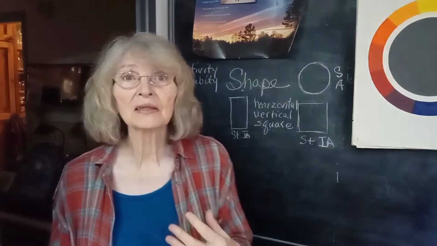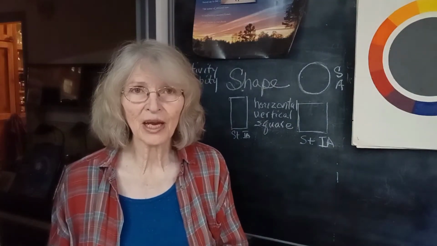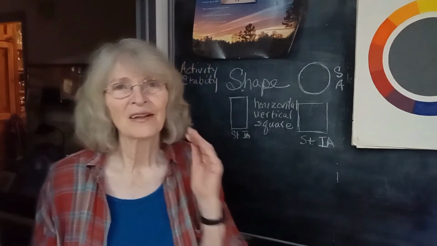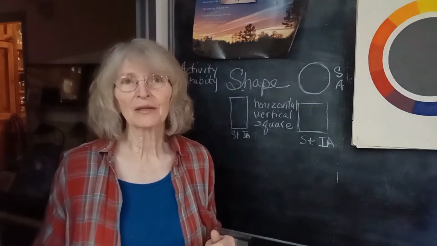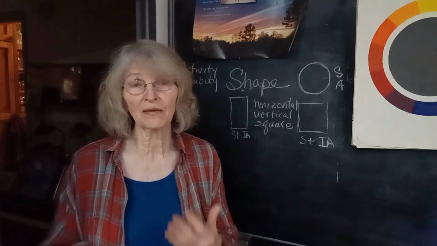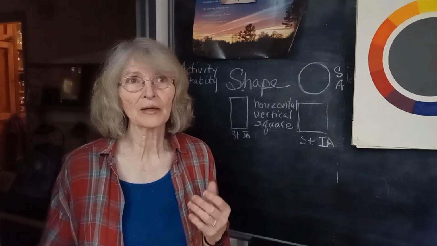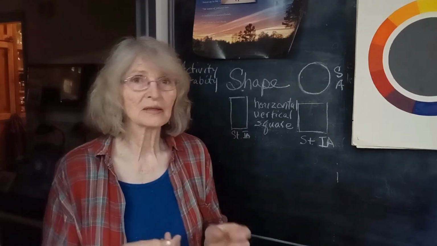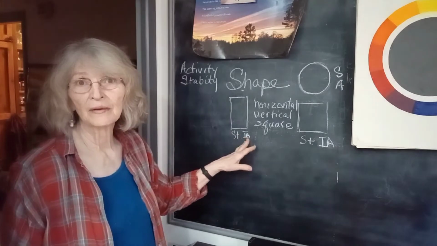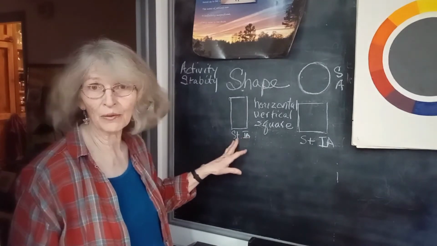However, it's considered a very strict shape, like this vertical line is considered a strict line. The vertical rectangle is considered a very strict shape. It's not very giving. It's not very pliable, so to speak, but it's still considered inactive and stable.